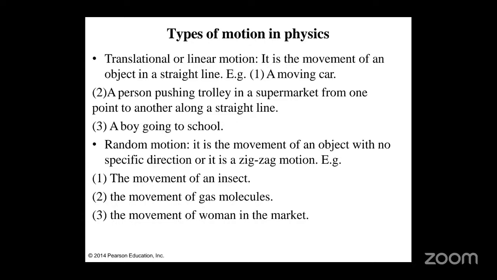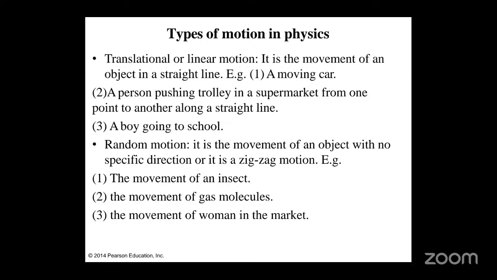They move zigzag. That is an example. Another example is the movement of gas molecules. We know that gas molecules move randomly in their containing vessel. So gas molecule is also an example of random motion.